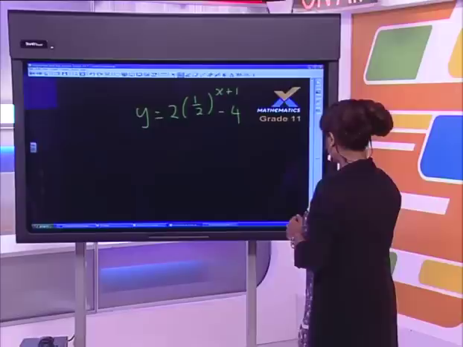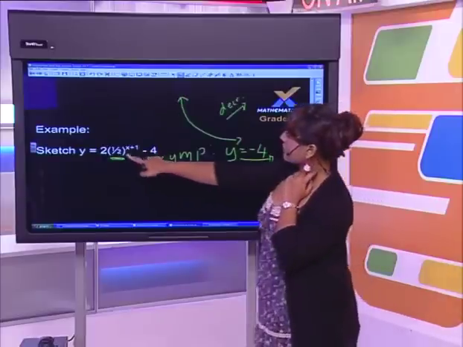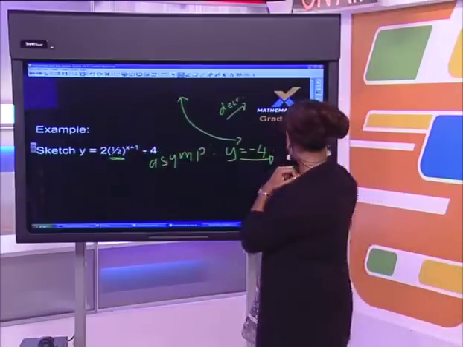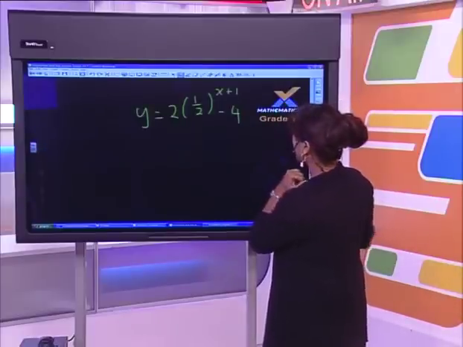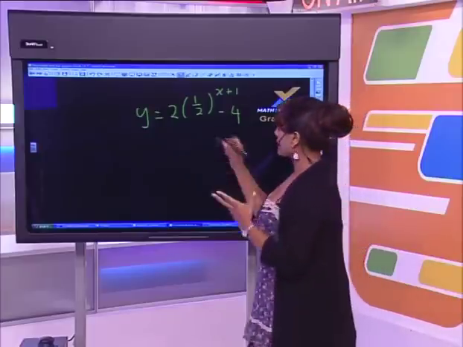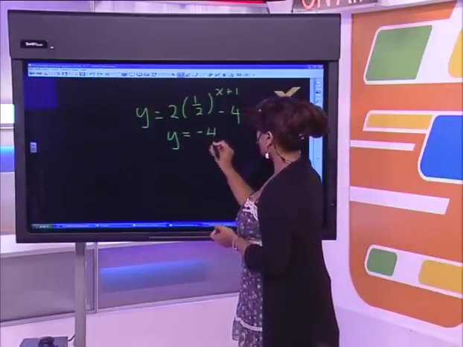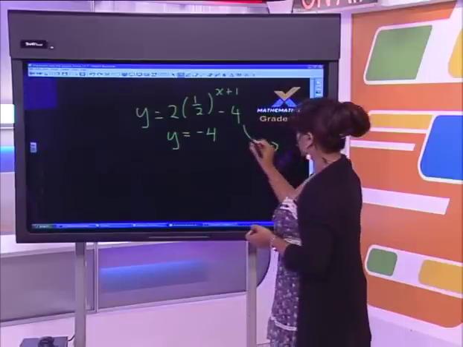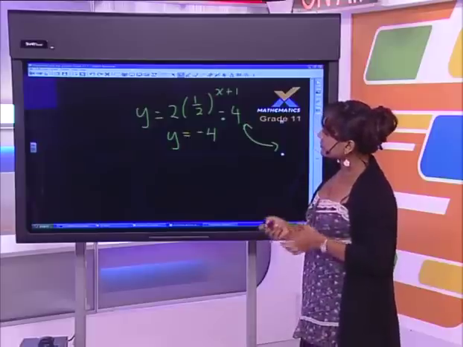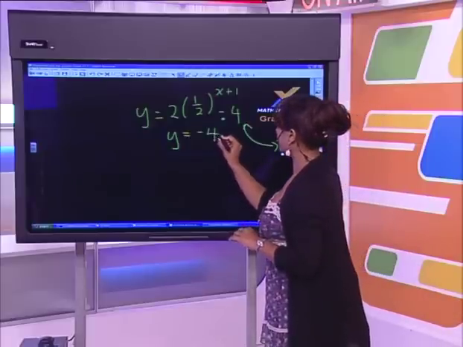Let me just go back and make sure that is right. Y is 2 times a half to the x plus 1, minus 4. All right, good. We've got it all down. Remember, from the other page, we've got our y asymptote at minus 4, and we know that this is a decreasing graph. That's all we have so far.